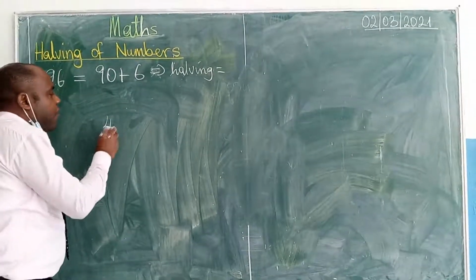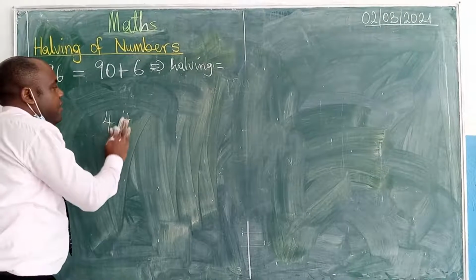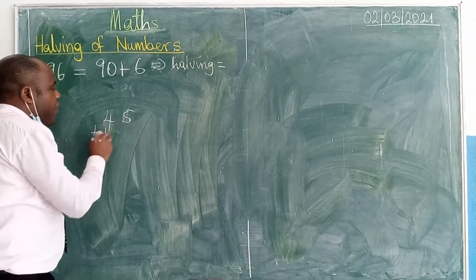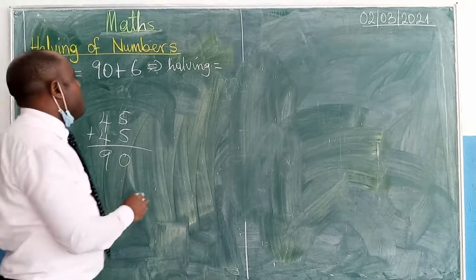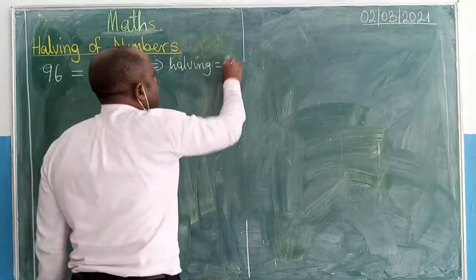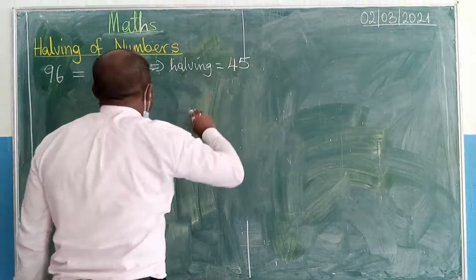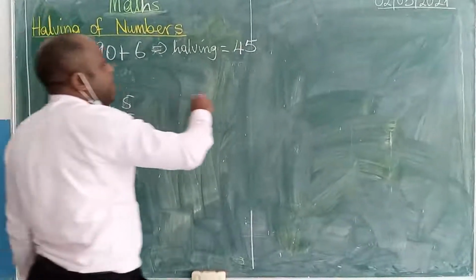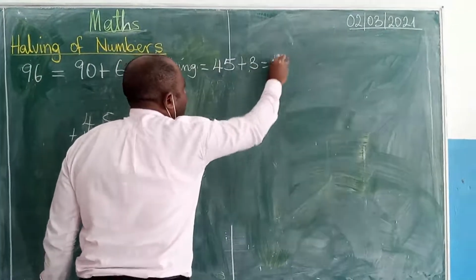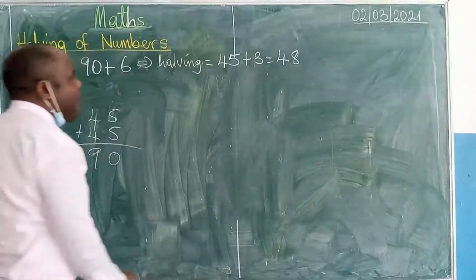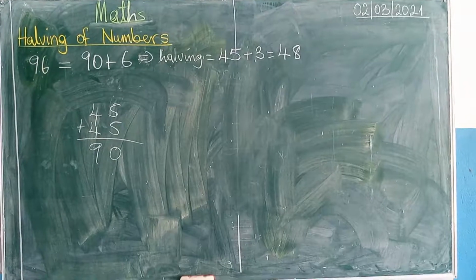When we look at the number 45 plus 45, we shall have 90. So the half of 90 is 45. And then the half of 6 is 3. So 45 plus 3 gives me 48. So the half of 96 is 48.